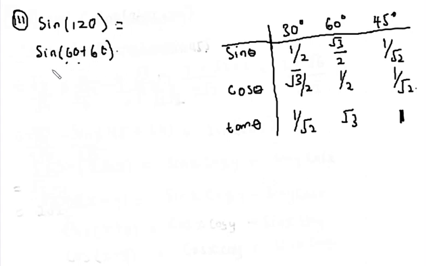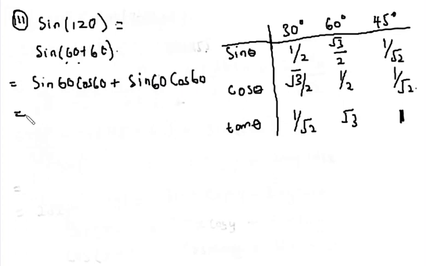Okay, so this would be equal to sine 60 cos 60 plus sine 60 cos 60. So in the end, this is equal to sine 60, which is root 3 over 2, cos 60 is 1/2, plus sine 60 is still root 3 over 2 times cos 60, which is 1/2.